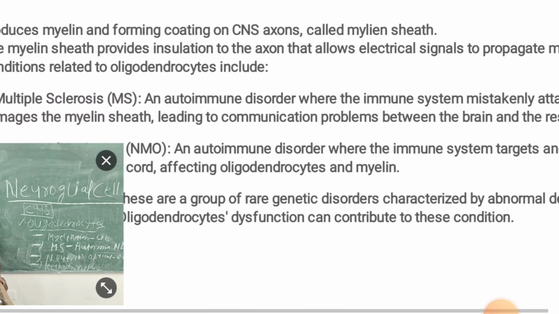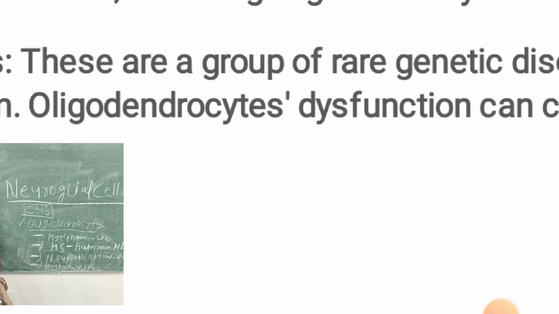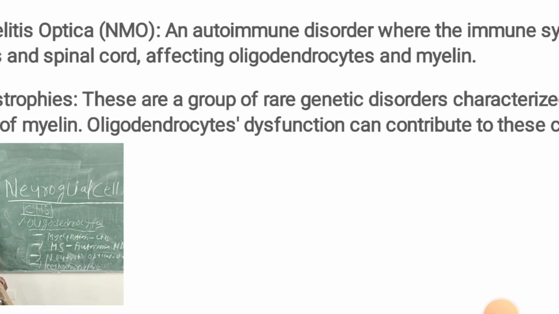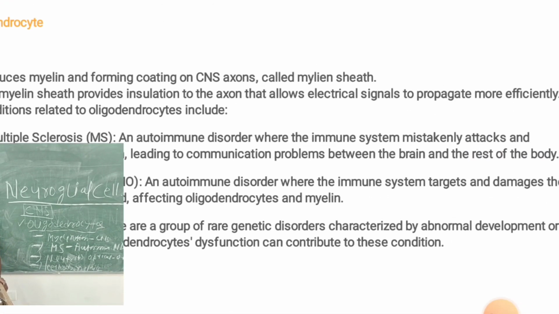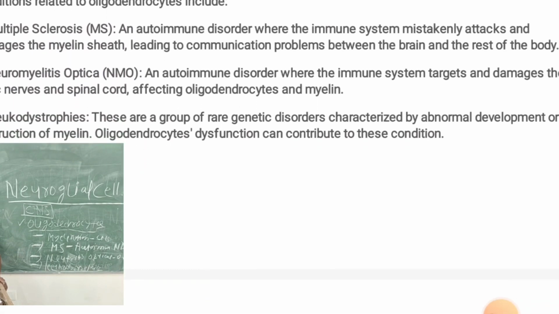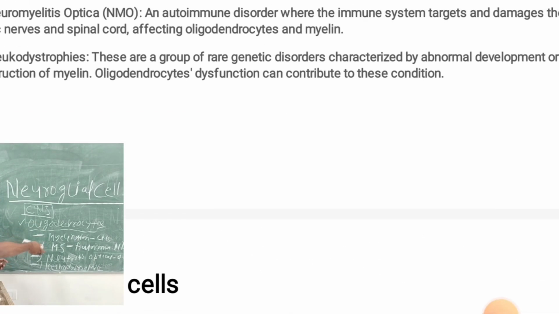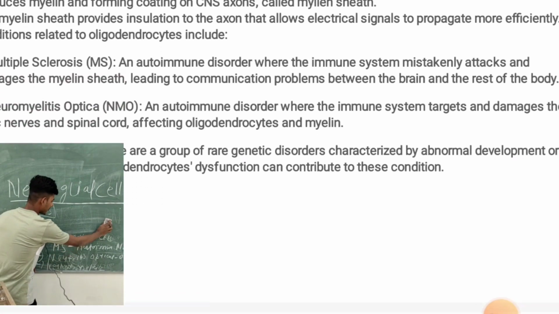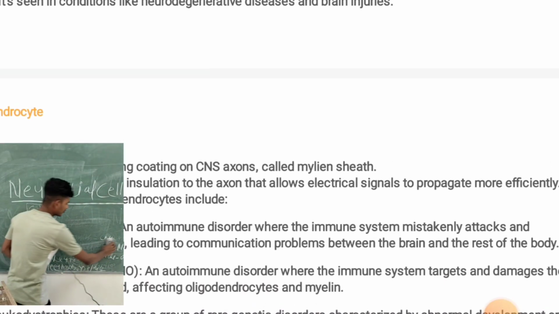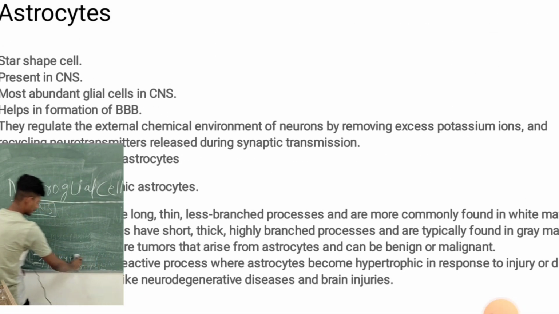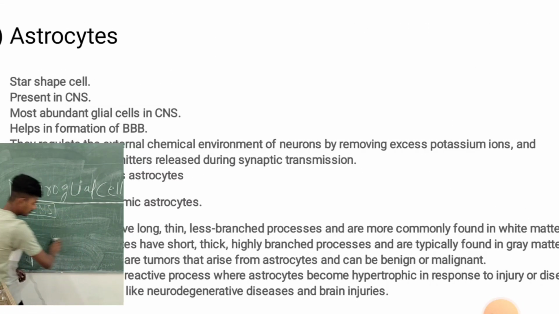Now we will see another type of cells present in the nervous system, that's called the astrocytes. As the name suggests, an astrocyte is a star shaped cell.